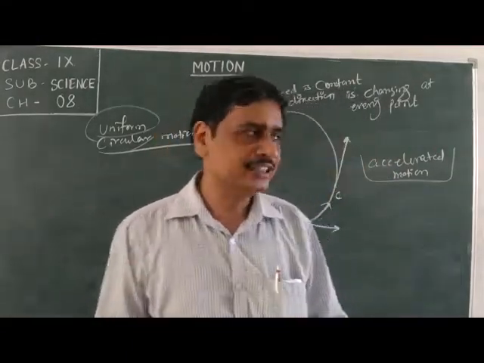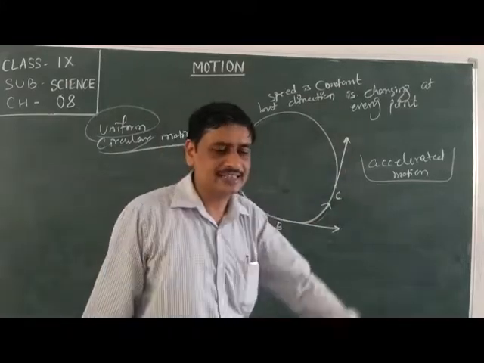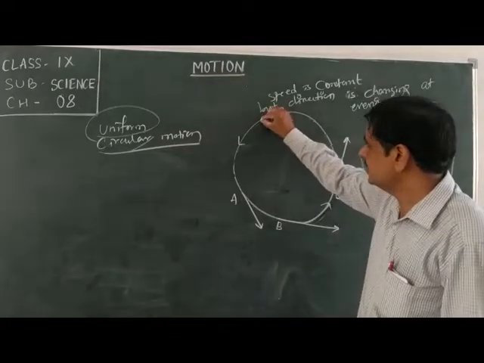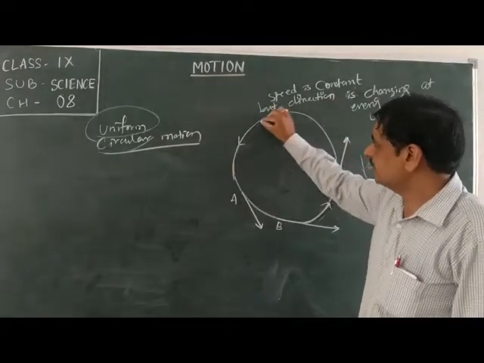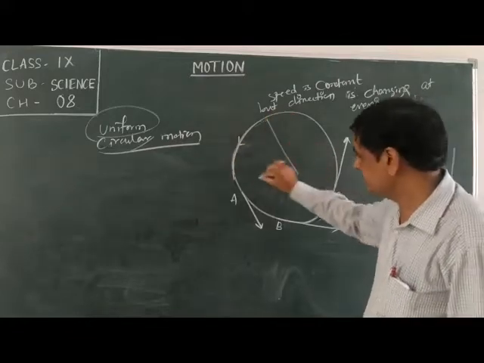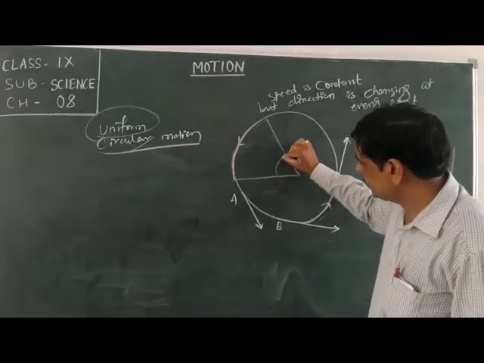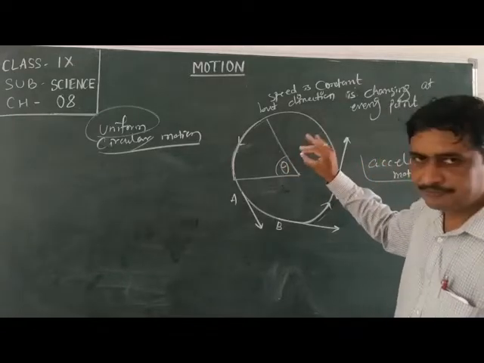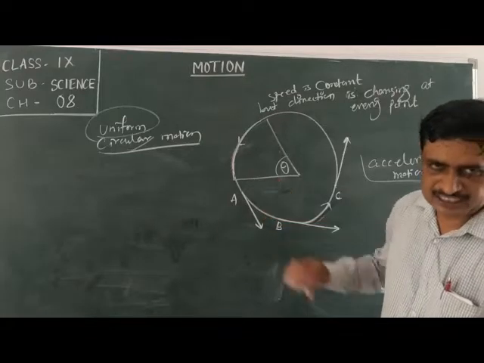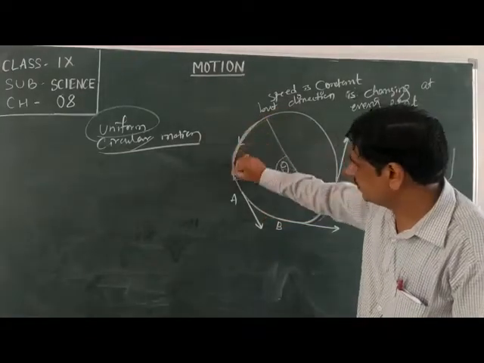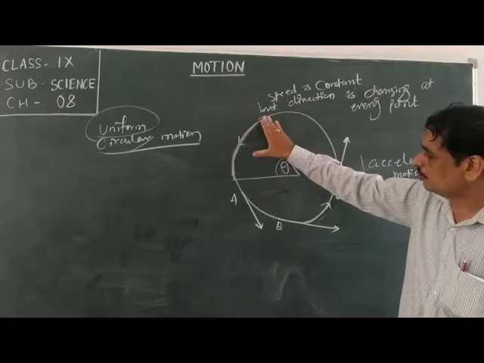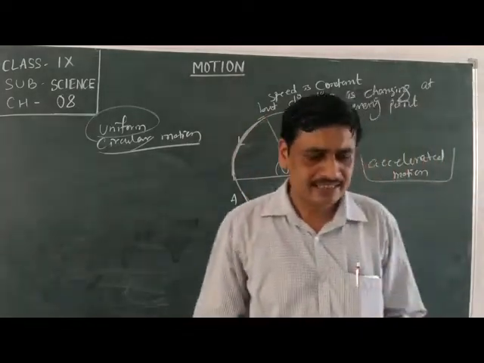And the velocity shown here by the body is called angular velocity. This angular velocity is the angular displacement by the time taken. How much angle is produced at the center, that is the angular displacement, meaning the arc length, by how much time it requires to move from this point to this point, that is the time taken.